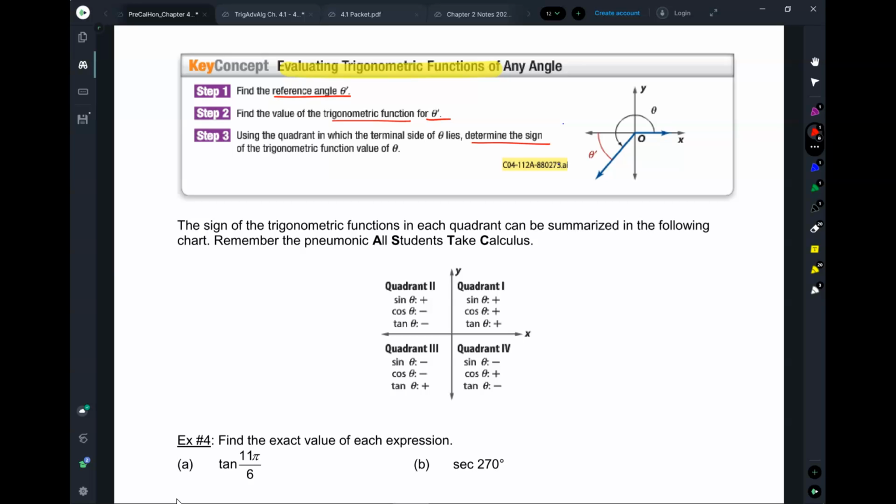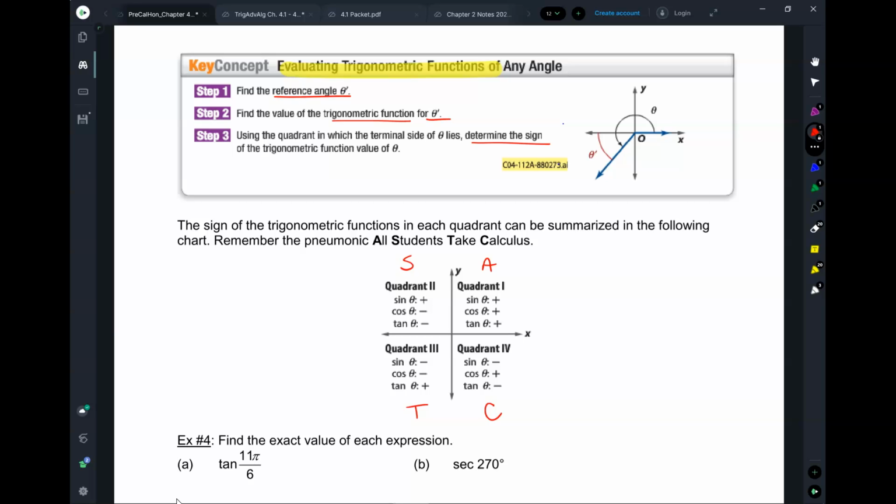Okay, here's what All Students Take Calculus means. So you've got your 4 quadrants, and again, everything is always counterclockwise. So it's All Students Take Calculus. And in each of the quadrants, the letter of the function determines which of those is going to have a positive or a negative value.